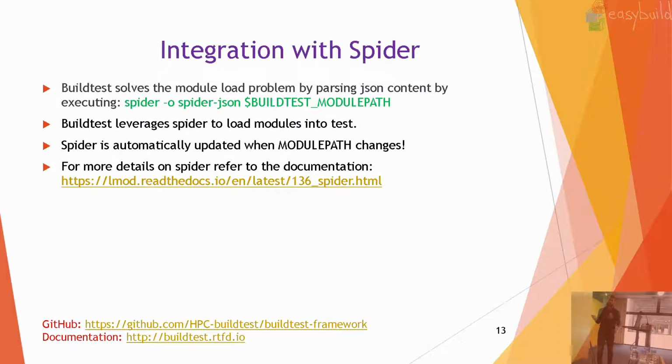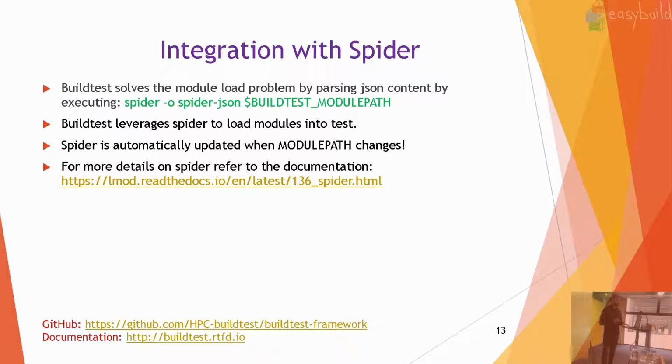You can specify one tree or multiple trees, but in Buildtest it's just called the buildtest module path, which contains all the trees. Buildtest then leverages Spider to load the JSON because it parses the JSON file. One of the nice things is that Spider is automatically updated when the module path changes. If you update the Spider cache, everything will be up to date, and Buildtest can use up-to-date modules.